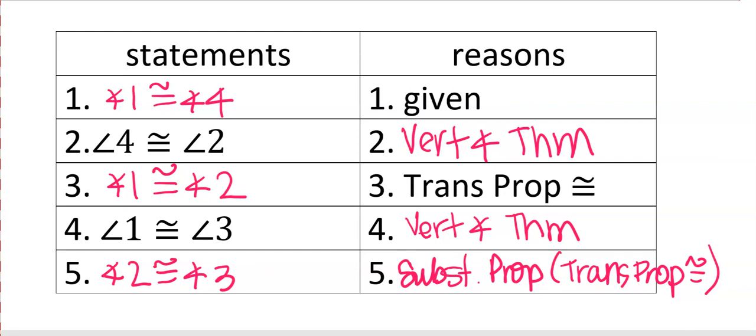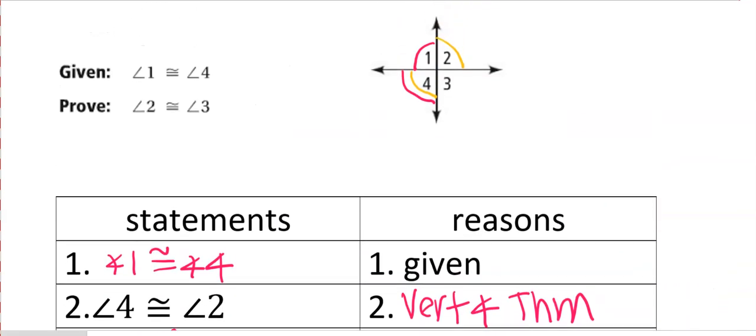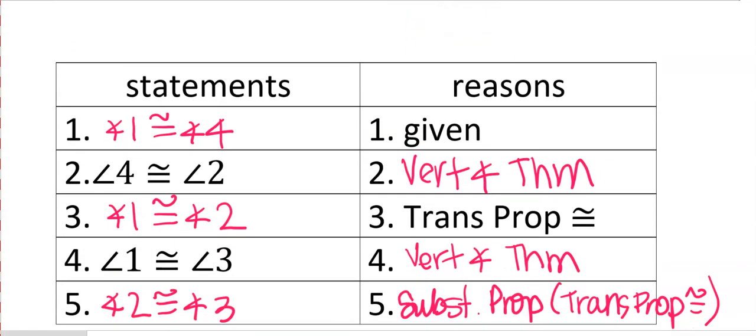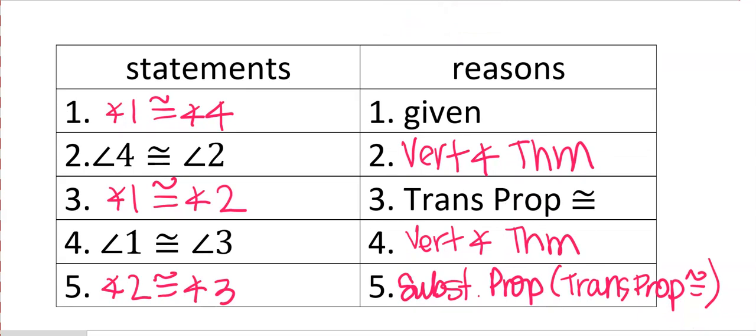So for instance, on this one, I would say we are given that angle 1 is congruent to angle 4. By the vertical angle theorem, angle 4 is congruent to angle 2. If you use these two things, angle 1 is congruent to angle 4 and angle 4 is congruent to angle 2, you can use the transitive property to show that angle 1 is congruent to angle 2.